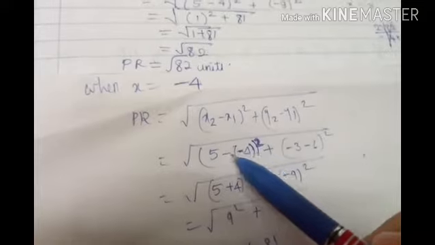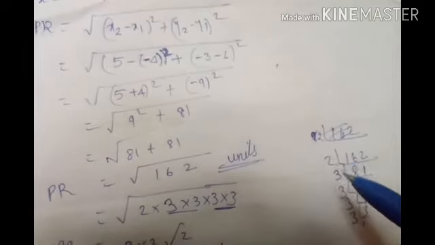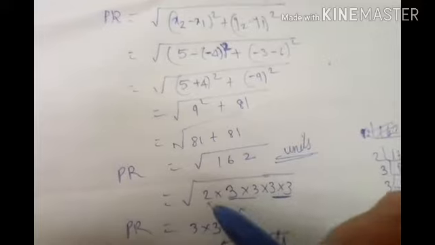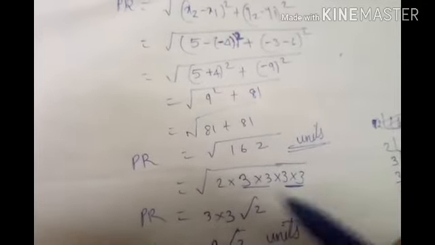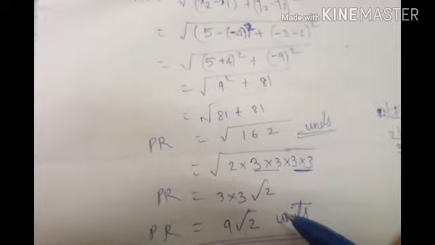Here minus of minus is plus, so 5 plus 4 the whole square, so 9 square is 81. So root 81 plus 81 is root of 162 units. Now how can we factorize 162? You get 2, 3, 3, 3 and 3. Taking out one pair of 3 twice, you get 3 into 3 root 2, so it is 9 root 2 units. So this is how you have to solve when x is equal to 4 and when x is equal to minus 4.